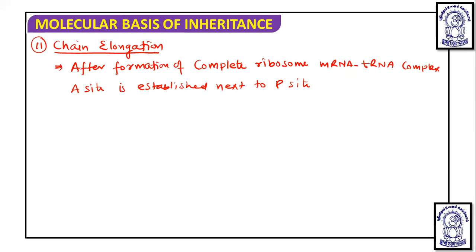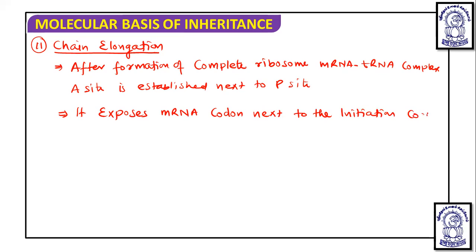And due to the establishment of the A site, it exposes the mRNA codon next to the initiation codon. Okay. And if the next codon is, suppose as I have written, UUU after AUG, then UUU is exposed.